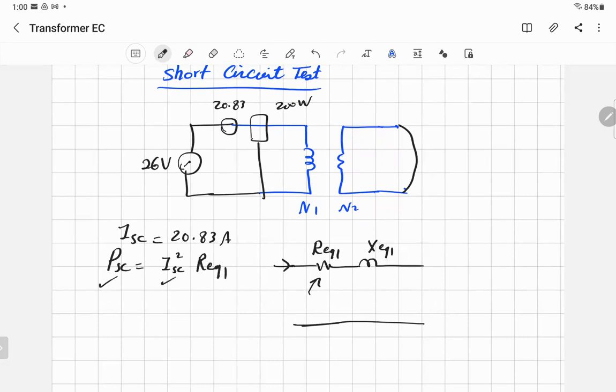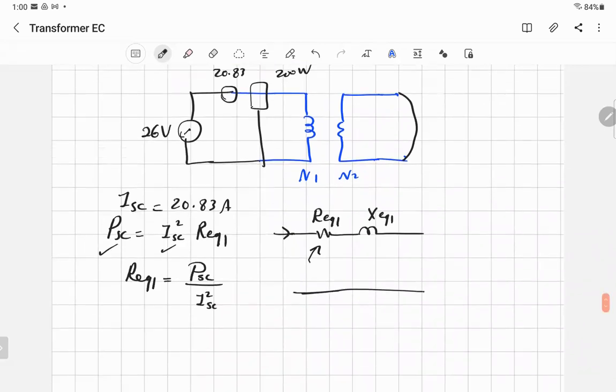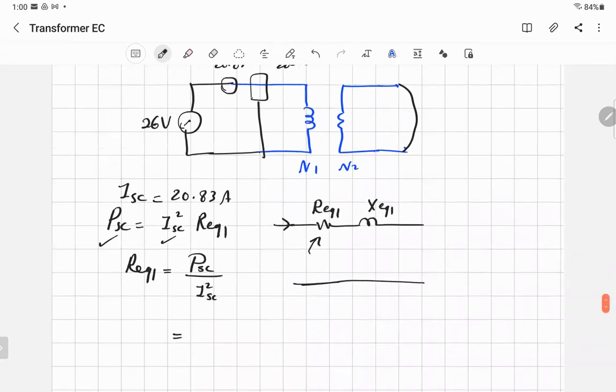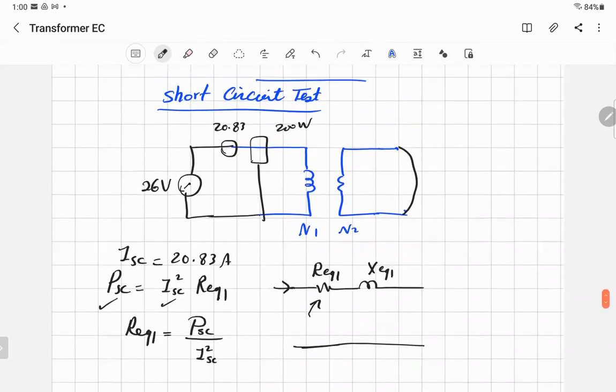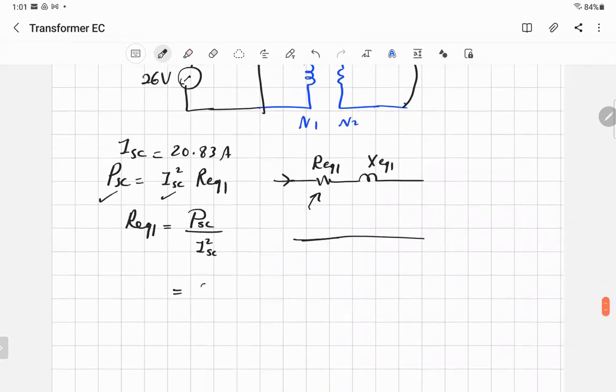You got the power, you got the current, you get R equivalent. That's the first step. So R equivalent 1 equals the power divided by I short circuit squared. The power is 200, and the short circuit current is 20.83, squared.